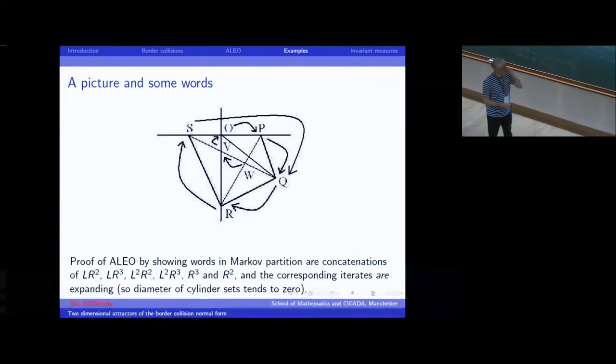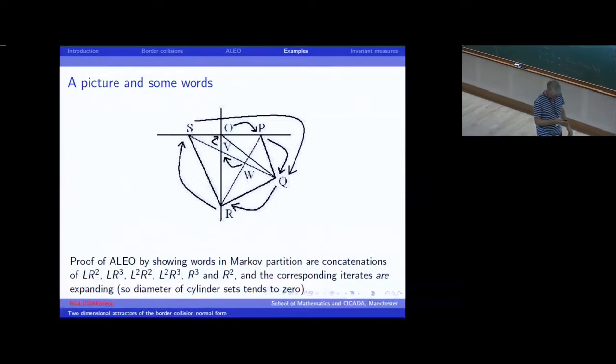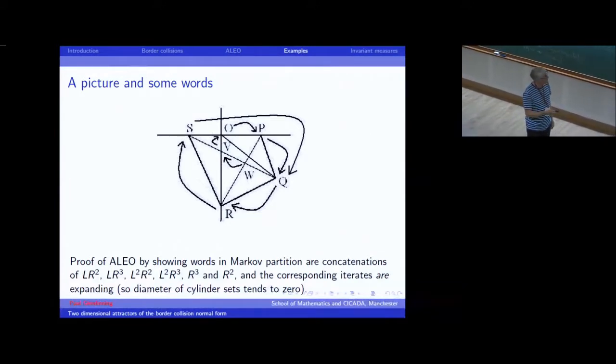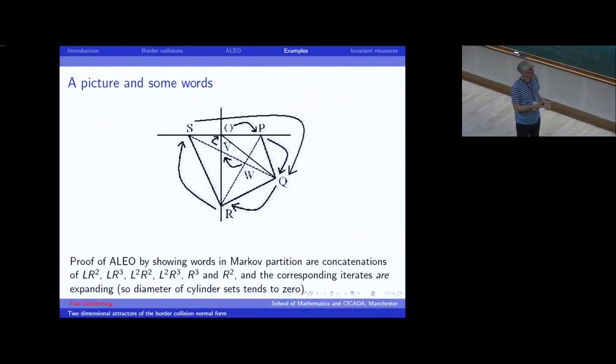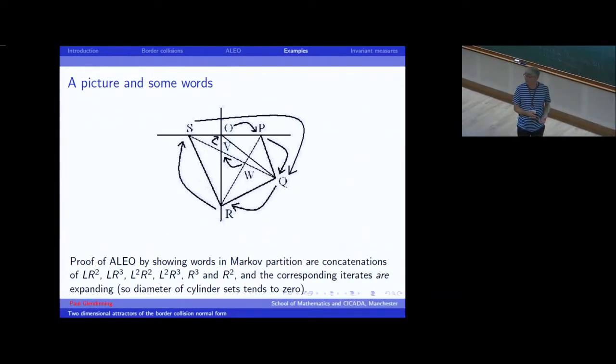And that gives you enough to prove the asymptotically locally eventually onto property, which then proves that periodic orbits are dense in the region rather than dense in particular subsets of the region. Okay. So that's an application of Markov partitions in 2 dimensions.